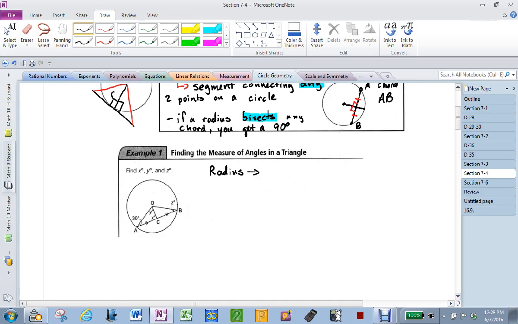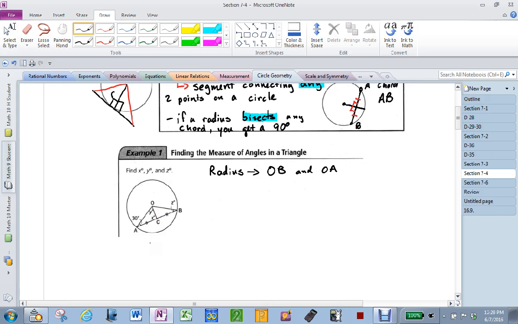Remember, you can't give me a distance, you can just name it. OB, or BO, and OA. Everybody good? Is OC a radius? Of course not. Why? Because it doesn't go to the edge of the circle. It starts in the right spot, but doesn't get to the end.